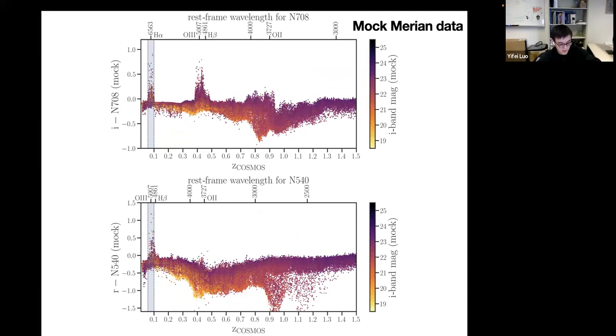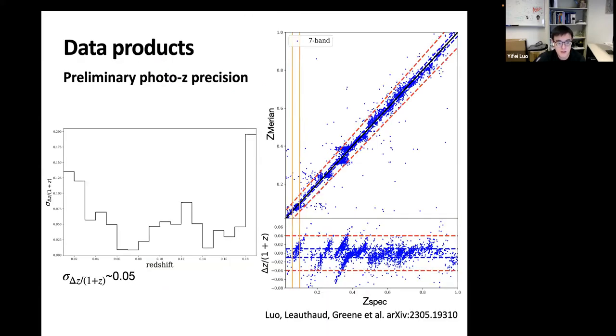Let me briefly give you an idea of the first Merian science results. We're still working on this, but this is the Merian photo-z as a function of spec-z, the real Merian photo-z, not the mock one. Now we are able to measure the Merian photo-z with a precision of 0.05.